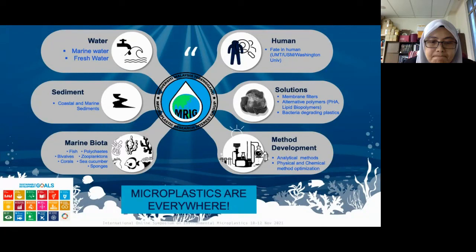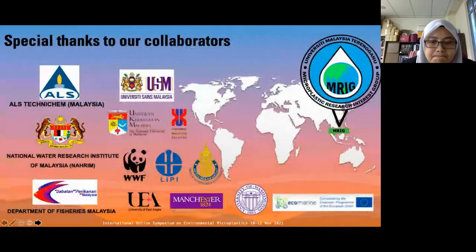We also publish papers on sediments and waters, fresh waters, and also oceans, marine. And we also collaborate with other researchers to find solutions and alternatives for this issue, trying to address the UN sustainable development goals.